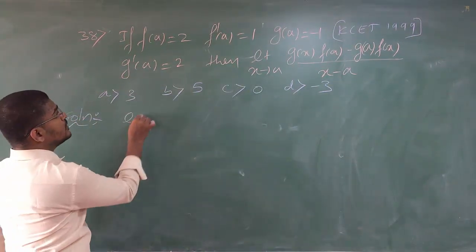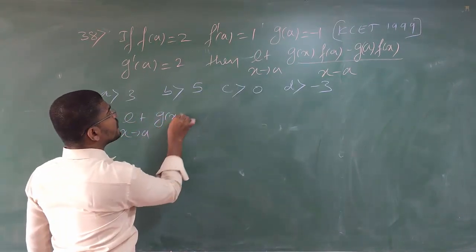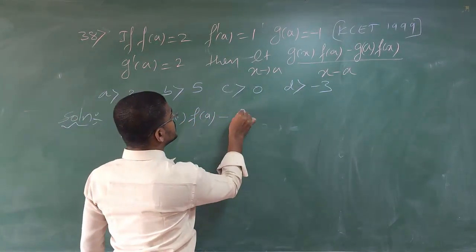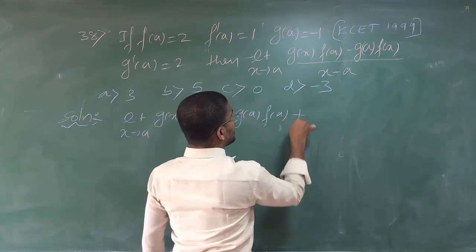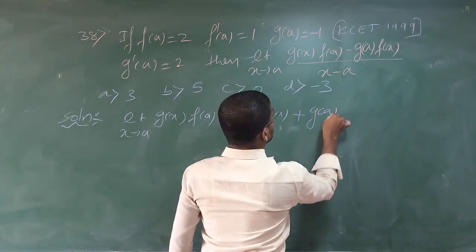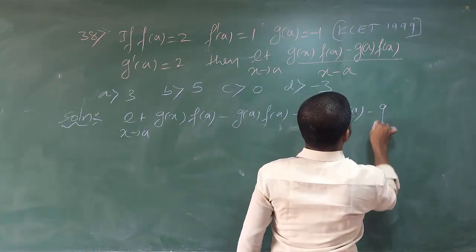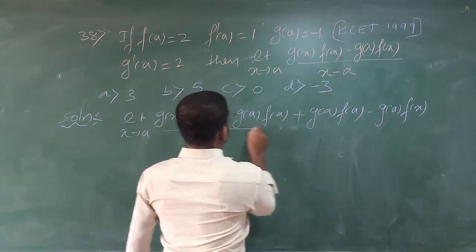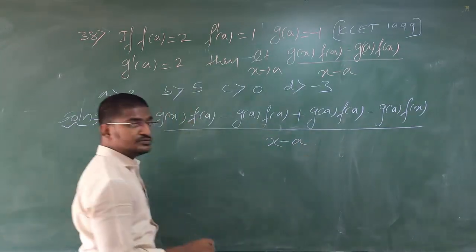That is, limit x extending to a, g of x, f of a. What will I do? I will subtract g of a, f of a, and I will add g of a and f of a. Write this term as it is, g of a into f of x, divided by x minus a.